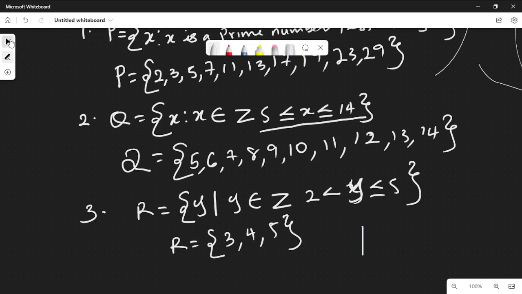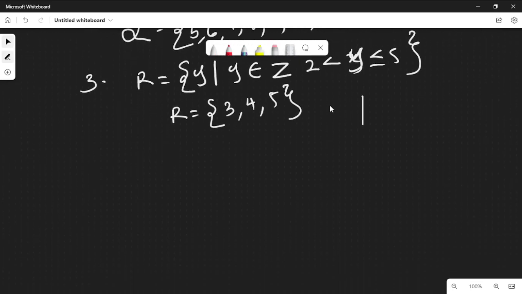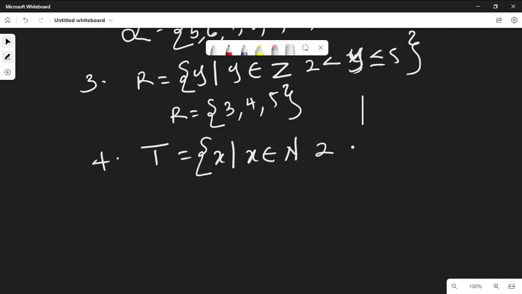Let's still move on and look at the fourth one. If I have, let's say, set T equal to the set of X such that X belongs to the set of natural numbers, capital N means natural number, between 2 and 5.